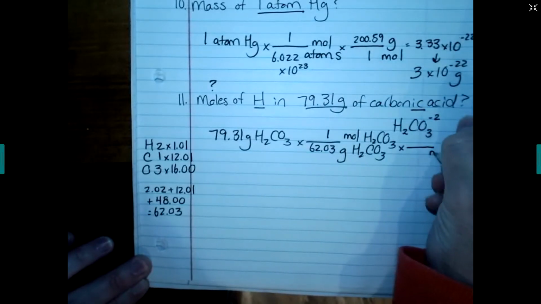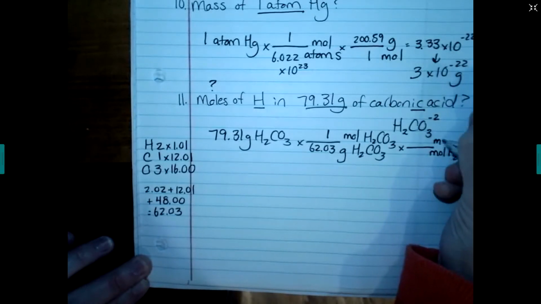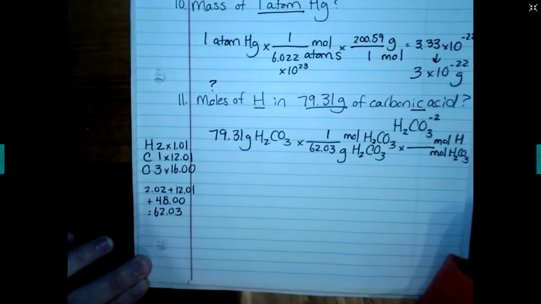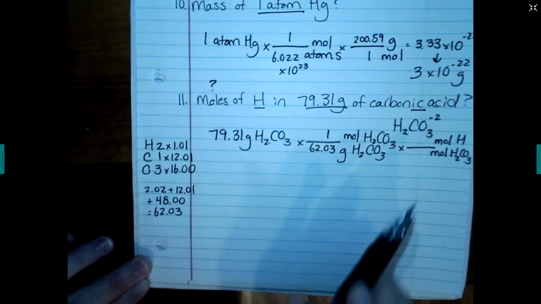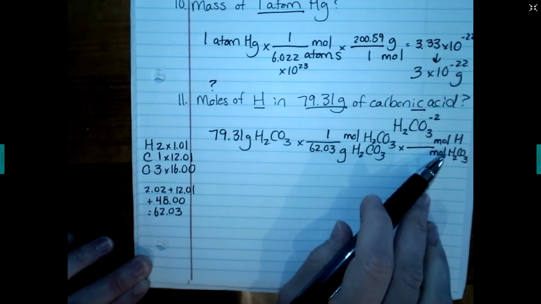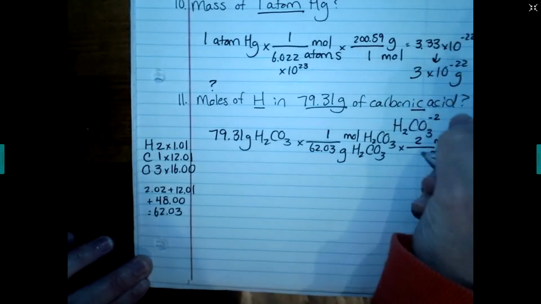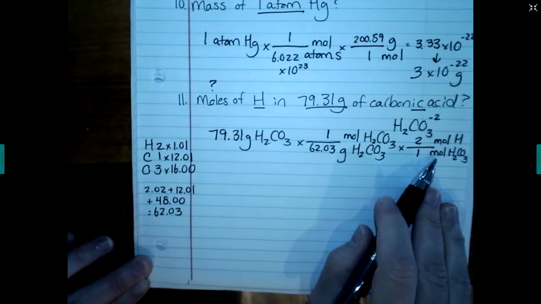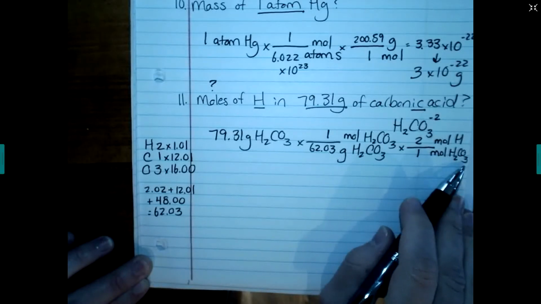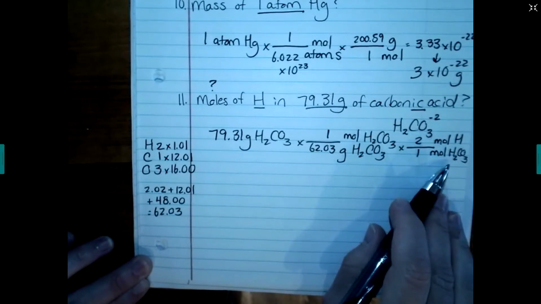Now we're going to move moles of carbonic acid to the bottom, and we're going to put moles of hydrogen on the top. So basically what we're saying right now is how many hydrogens are in H2CO3? The answer is 2. So for every 1 mole of carbonic acid, there are 2 moles of hydrogen within that molecule.